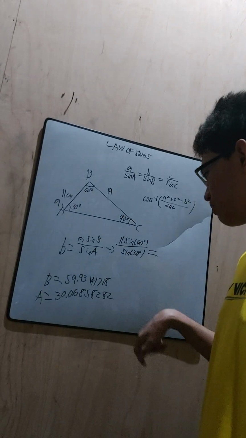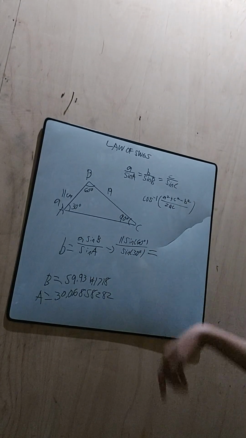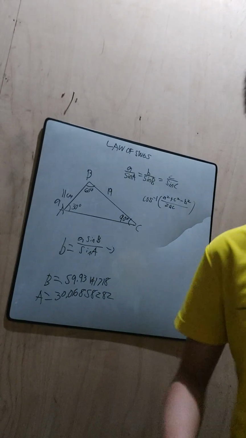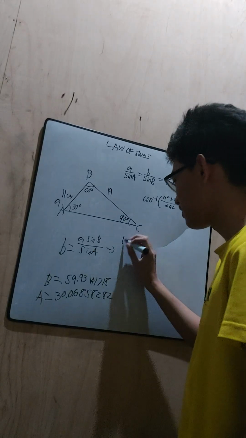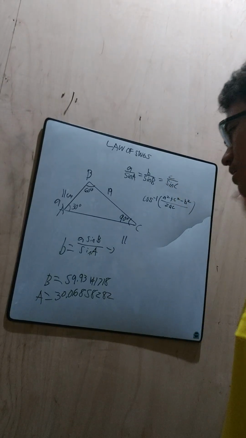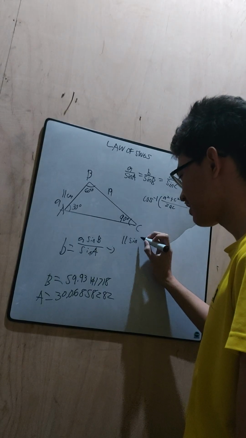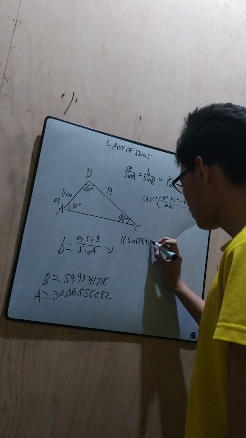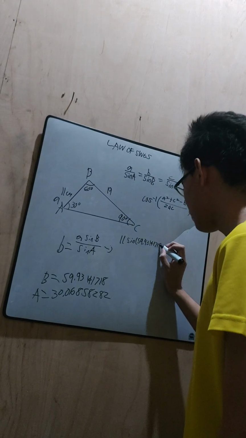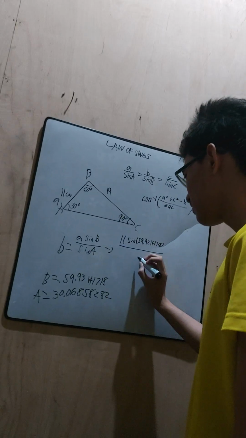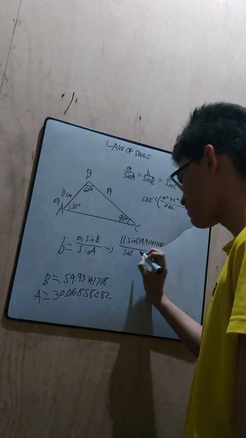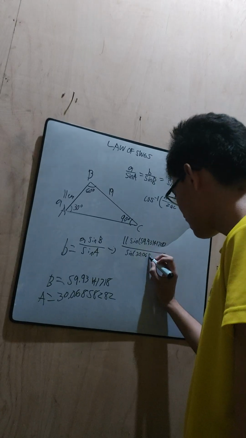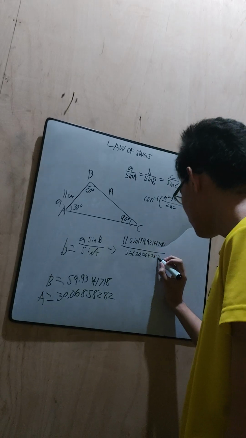We can rewrite this if you guys might get confused. So 11 sine 59.93141718, over sine 30.06858282.